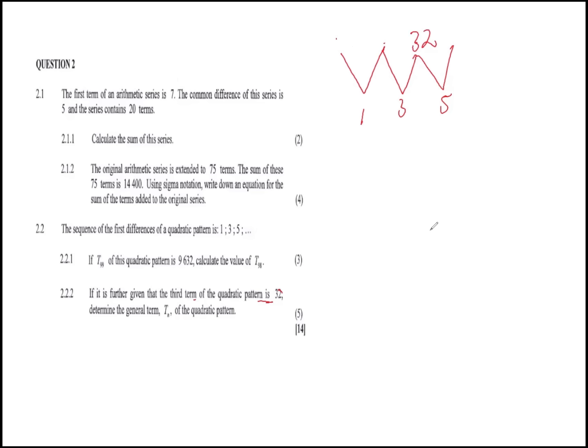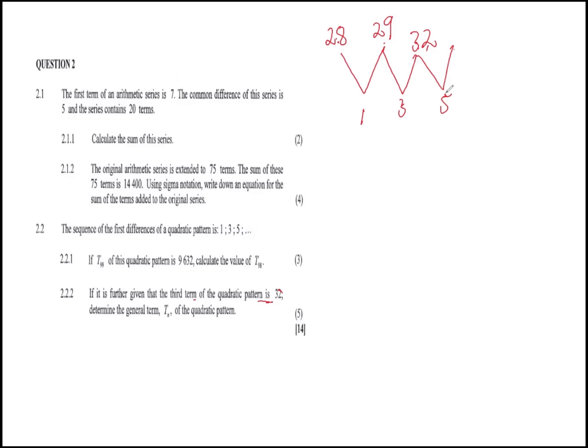Using the fact that I've been telling you, if I want to find T2, I must say 32 minus 3, and I get 29. To find T1, I say 29 minus 1, and I get 28. So that's the quadratic pattern.